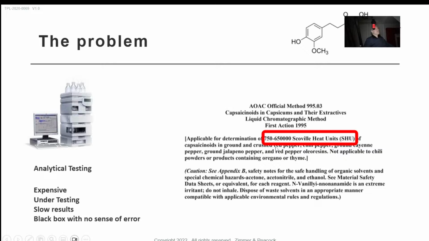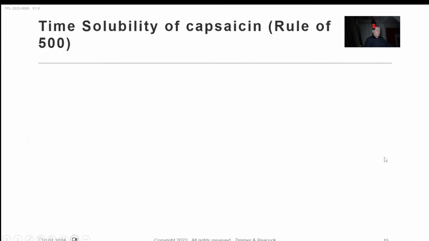And even though they quote that it could be used for chili powders, the first paragraph of it does say not applicable to chili powders, so it's kind of ironic. But that said, the AOAC method is A, not validated for chili powders, and B, it's not valid for the range. These people want to go to 1 million, 5 million Scoville heat units. It's not valid for that range.